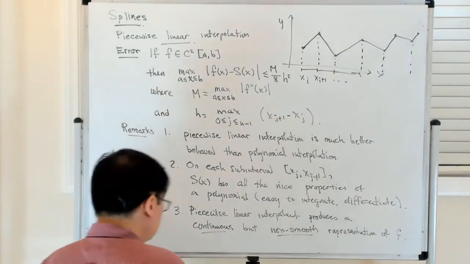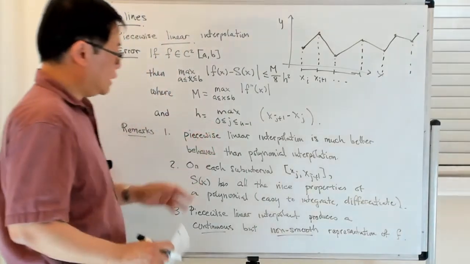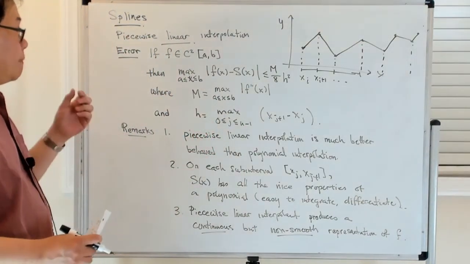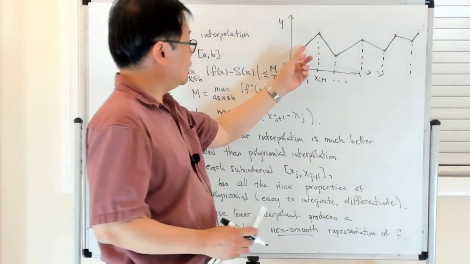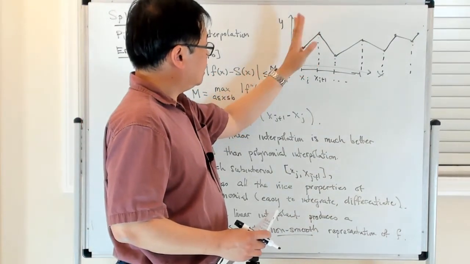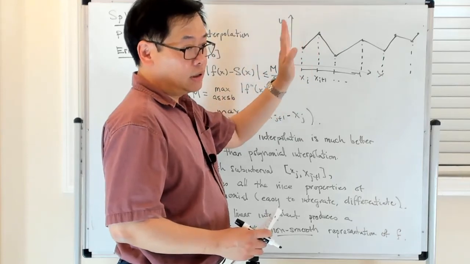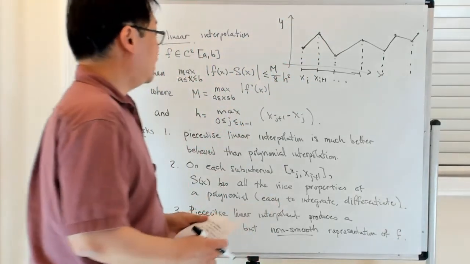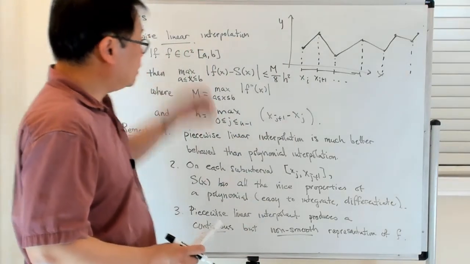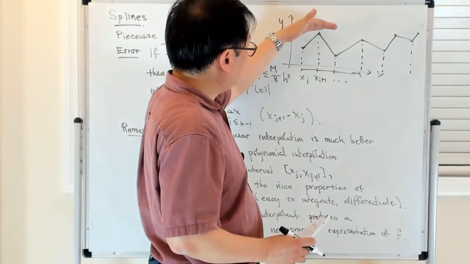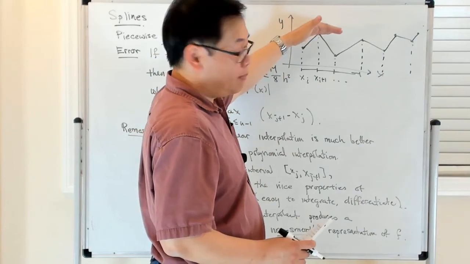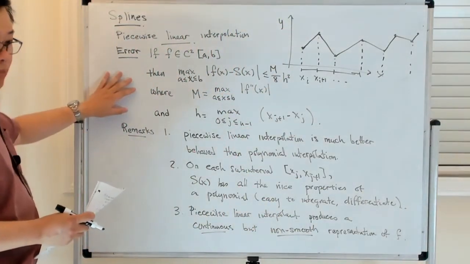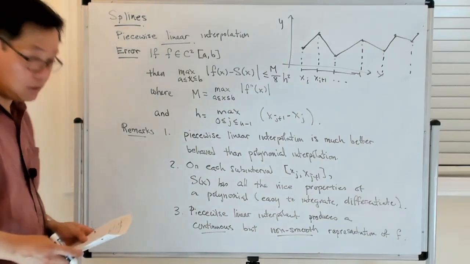So that will lead to other types of piecewise polynomial interpolants where on each subinterval the spline restricts to a higher degree polynomial, and that additional degree of freedom can then be used to match the derivatives at the knot points as well. Okay, and so we'll talk more about that in a little bit. So let me stop here for now.